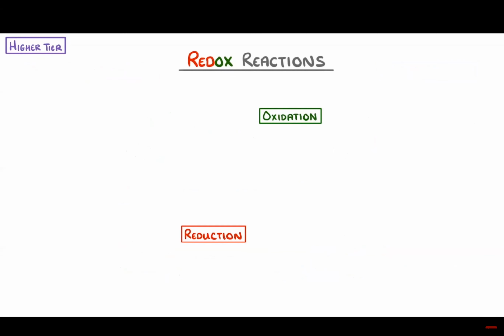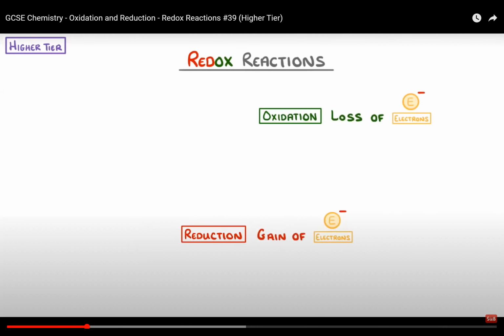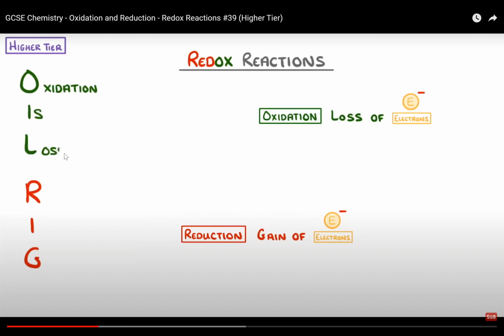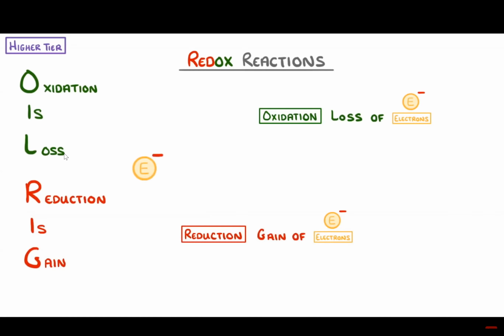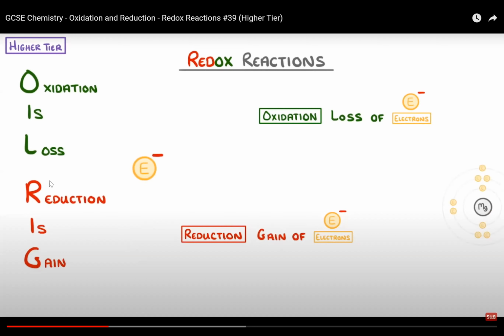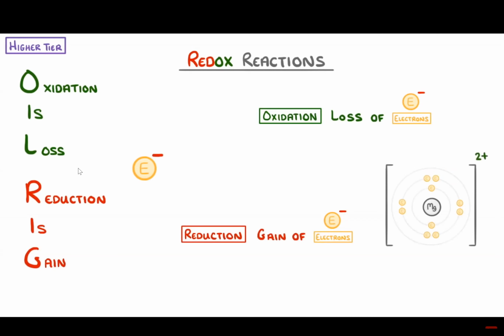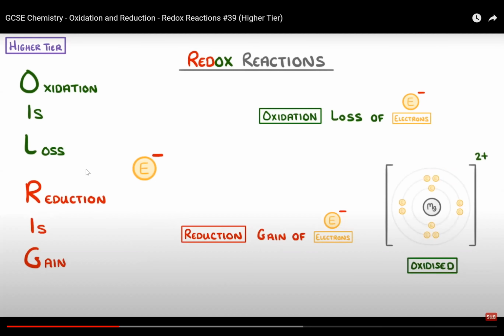The terms oxidation and reduction can also refer to the loss and gain of electrons though. And instead of just remembering which is which, most people use the mnemonic OIL RIG, which stands for oxidation is loss, reduction is gain, and this refers to electrons. So if we had a magnesium atom and it loses 2 electrons to become a 2+ ion, then it's been oxidized.